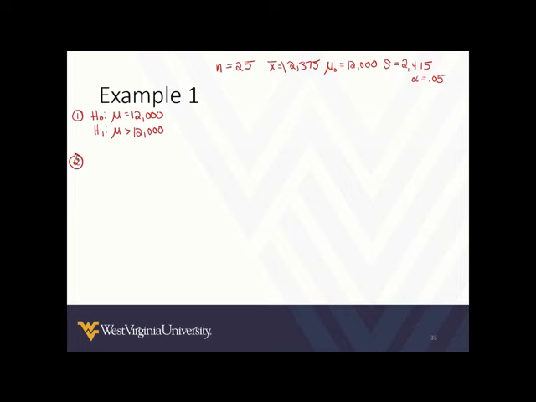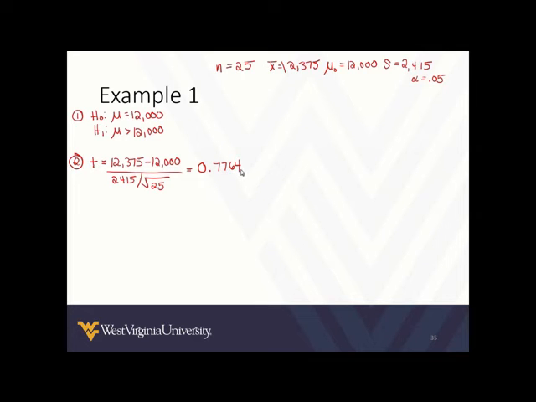Step 2, then, we can state our test statistic and calculate it. So remember, it will be t equals our sample mean of 12,375 minus our hypothesized value, 12,000, divided by our sample standard deviation of 2,415, divided by the square root of our sample size of 25. Putting this into our calculators, we would get a test statistic of 0.7764.